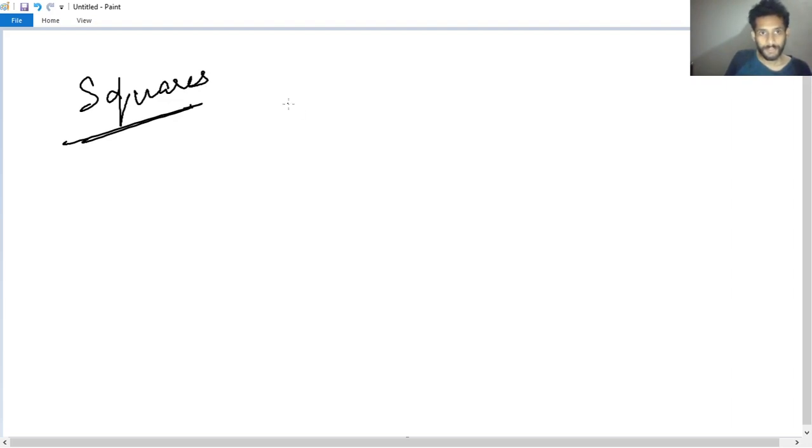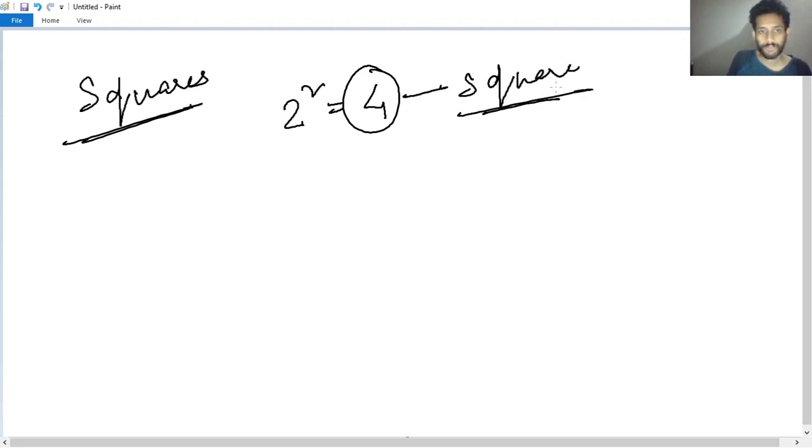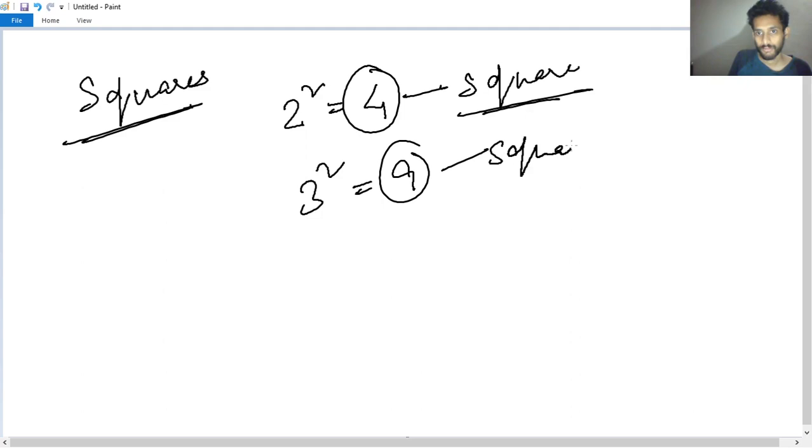You have clearly seen this, for example, if I find the square of 2, it is 4. So 4 is called a square. Similarly, 3 square is equal to 9. So 9 is called a square. So based on this, we have two formulas.